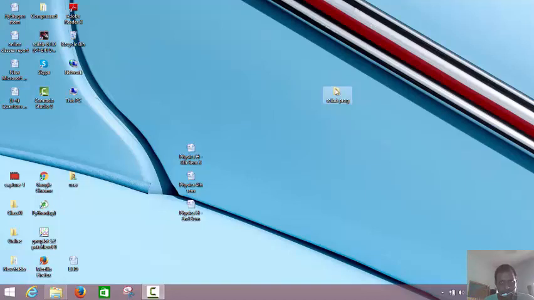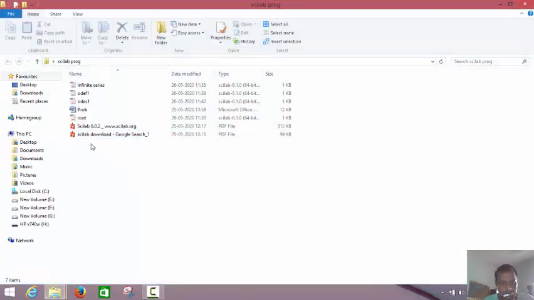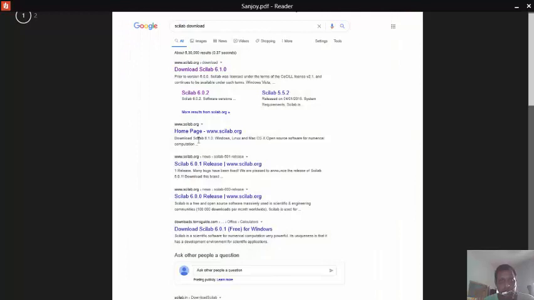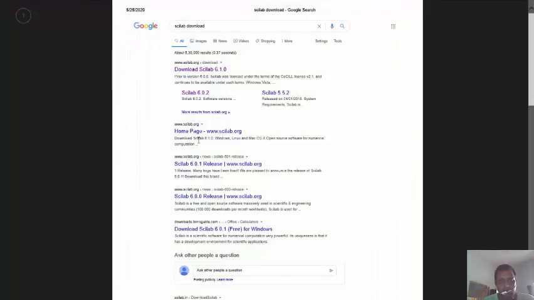To download it, we write Scilab in the Google page and we will see Scilab download, and we will get the various versions of Scilab.